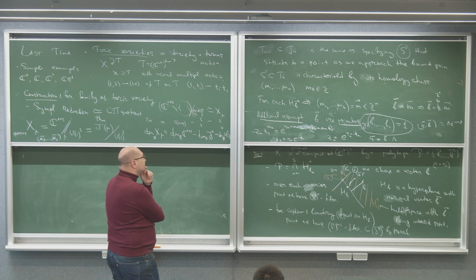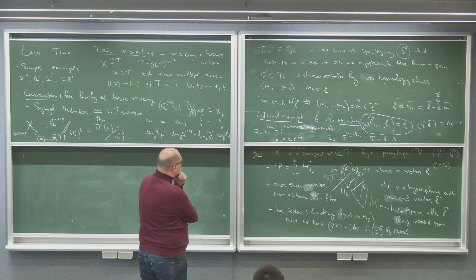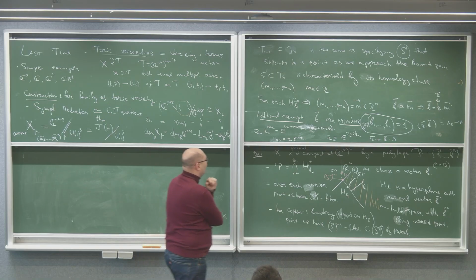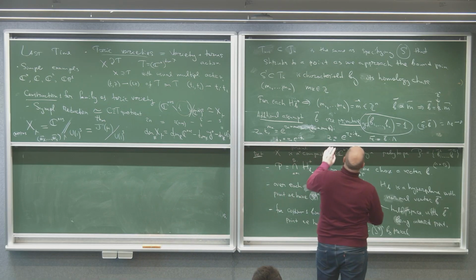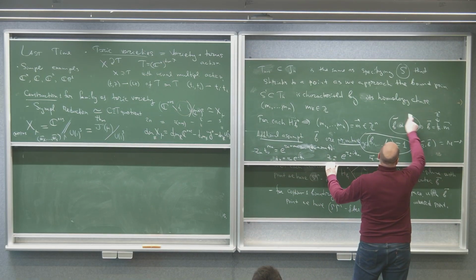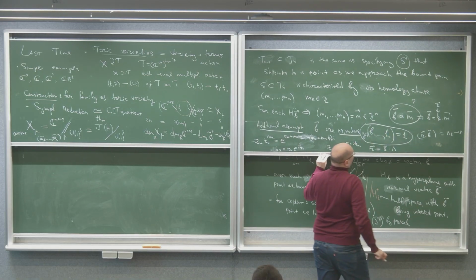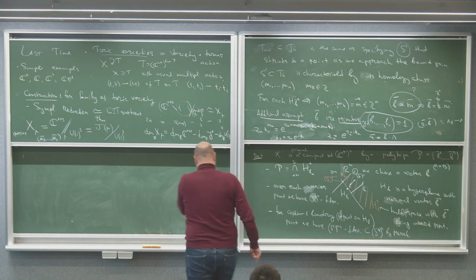Okay. I can't get a good explanation for why the weights should be proportional to vector B. So let me keep it as my homework and return to it next time. So I will put the question here, and we will return to it next time.